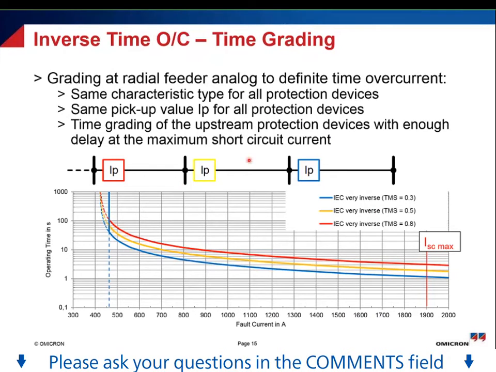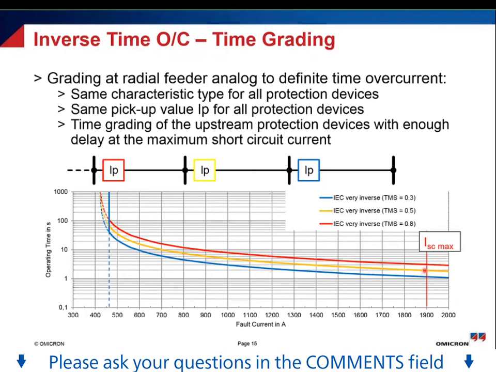Once again, we do a time grading of the upstream protection, and the time delay between the downstream and the upstream protection relay must be long enough. The same rule as before applies, between 300 and 500 milliseconds. But the question is where. Here you choose the setting with the highest possible current, which is the maximum short circuit current.